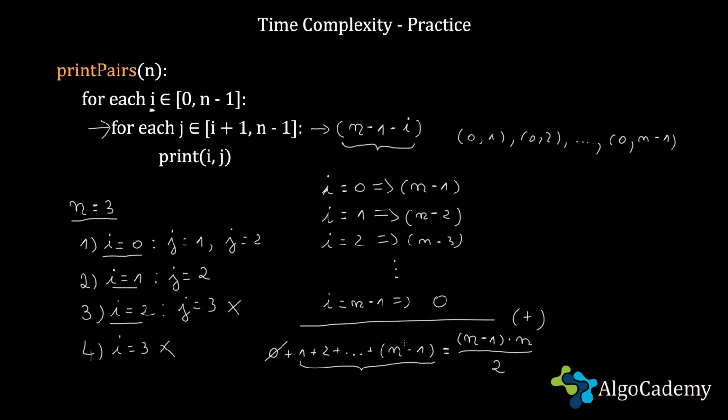So take the last number, multiply it with the next one, and divide by 2. Awesome. So we have finally found the total number of operations our algorithm does. It is n times n minus 1 divided by 2.